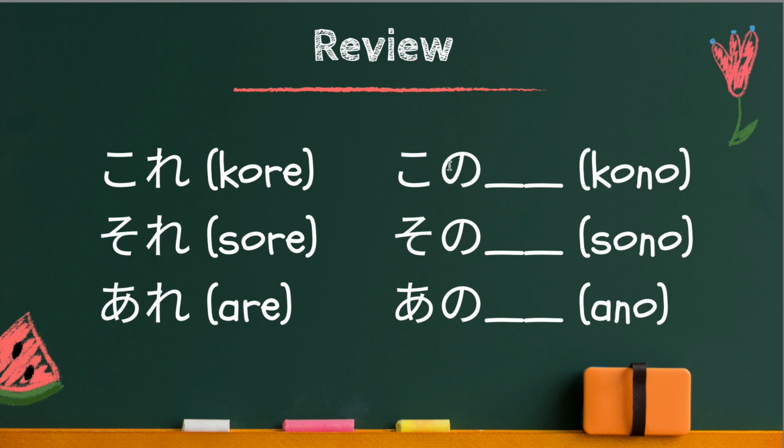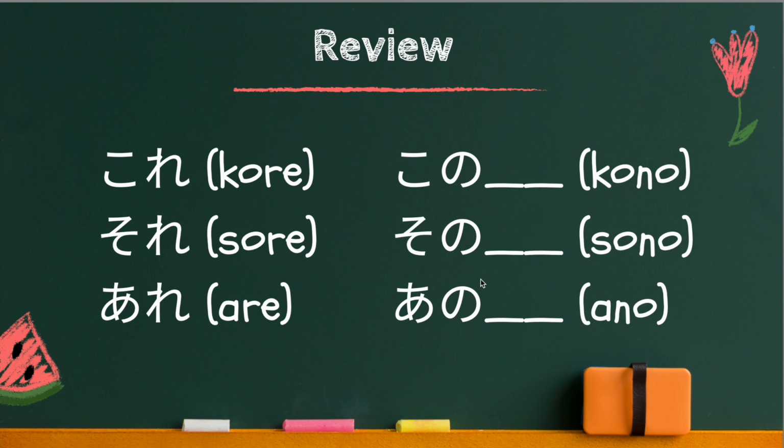このカバン means this bag. そのペン that pen. あの山 that mountain. Like that. この、その、あの has to always be followed by a noun.